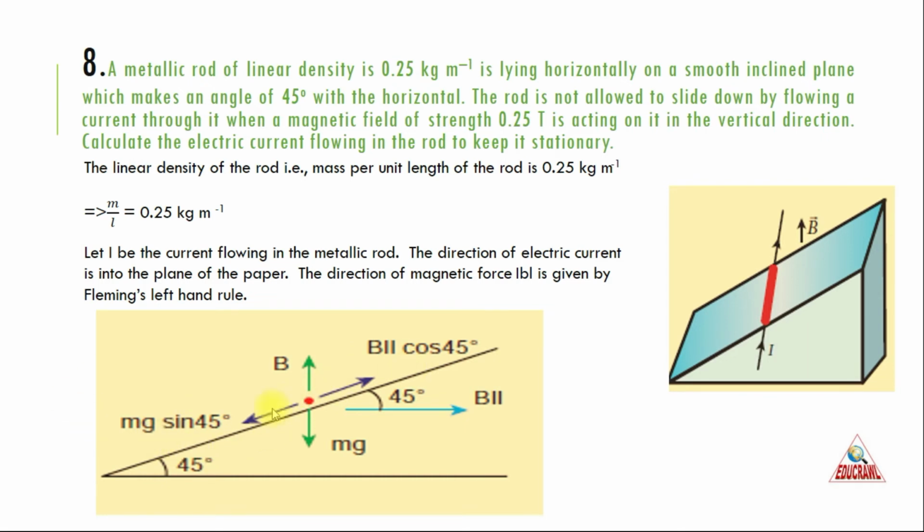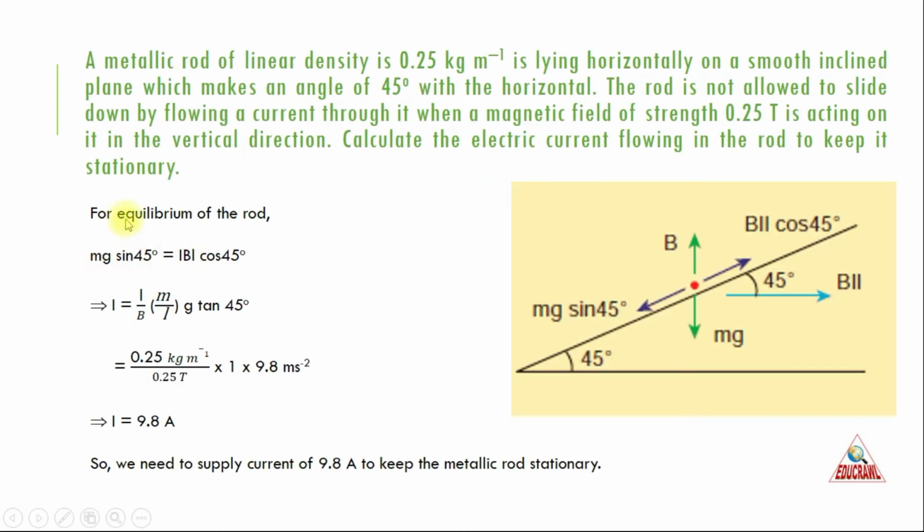So by seeing the figure, we can write the free body diagram expression as mg sin 45 is balanced by BIL cos 45. So for equilibrium of the rod, we get mg sin 45 equal to BIL cos 45.